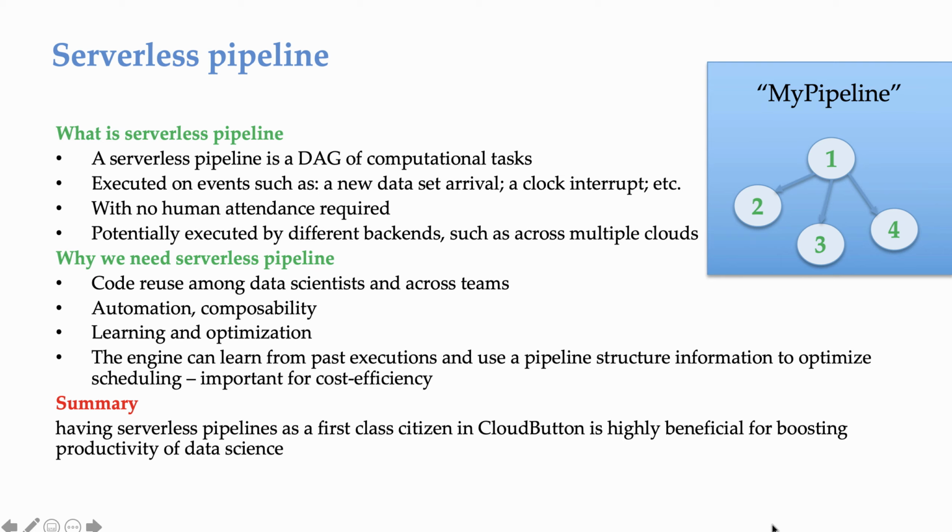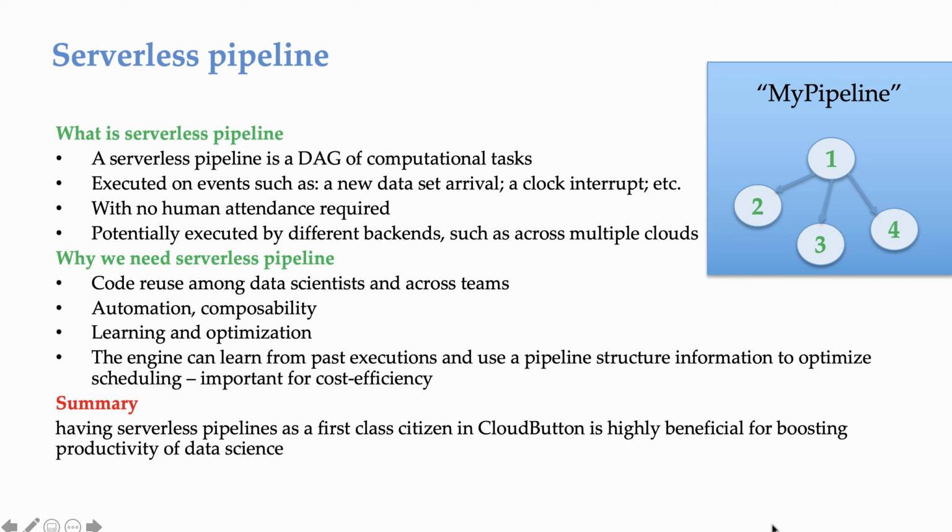Serverless pipeline is another addition that we added. It allows us to create a pipeline of invocations that need to be performed in a specific order, and then we can make sure it's invoked in the serverless paradigm.